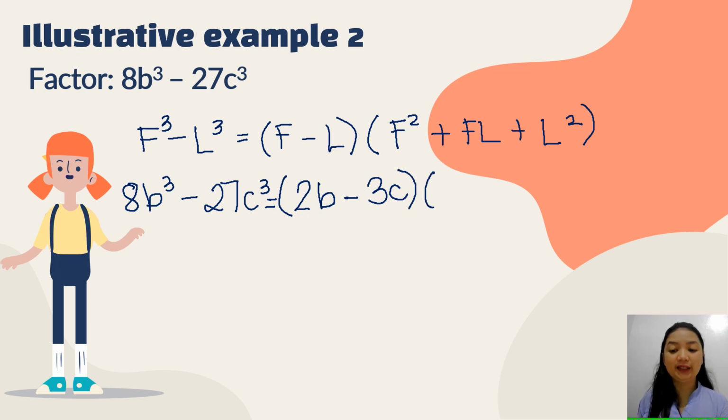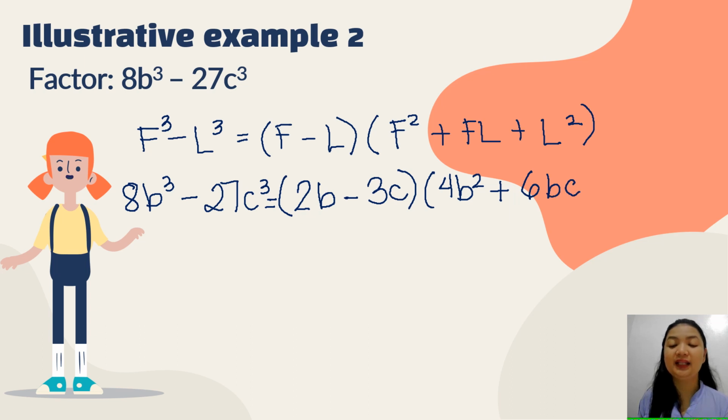For our trinomial factor, we simply square the first term. What is the square of 2b? Do not forget to square also the numerical coefficient. So we have here 4b squared plus, we change sign, so that is 2 times 3 will give us 6, and then bc.